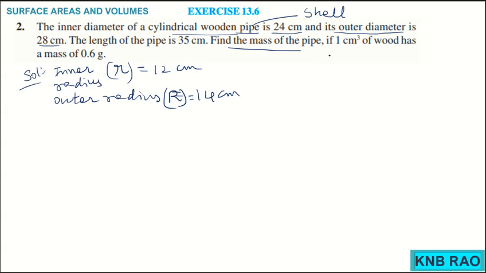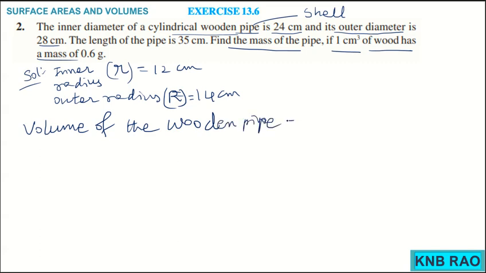Find the mass of the pipe if 1 centimeter cube of wooden has a mass of 0.6 grams. That means first I have to find the volume of the wood. Okay, volume of the wood or wooden pipe.